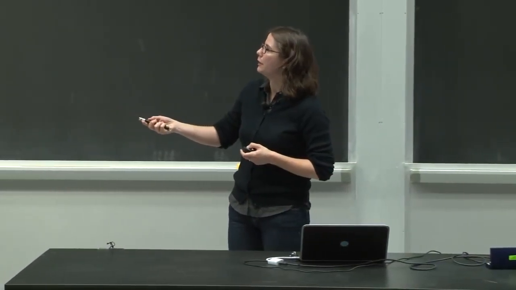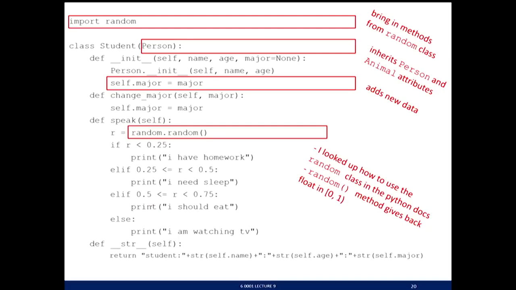So if I want to use random numbers in my code, I'm going to put this import random at the top of my code, which essentially brings in all of the methods from the random class. One of the methods being this random method. So random open close parentheses is a method from the random class. And this essentially gives me a number between 0 and 1, including 0, but not including 1.